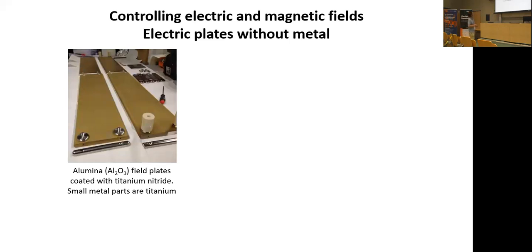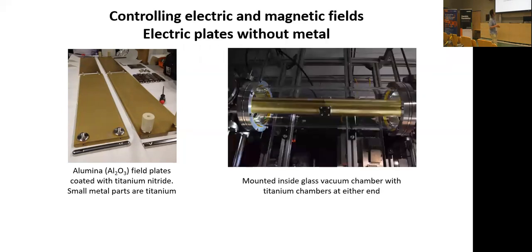This is alumina, coated with titanium nitride to reduce the amount of metal. These ceramic field plates go into a glass vacuum chamber. Again, glass is chosen to minimize the amount of metal around.